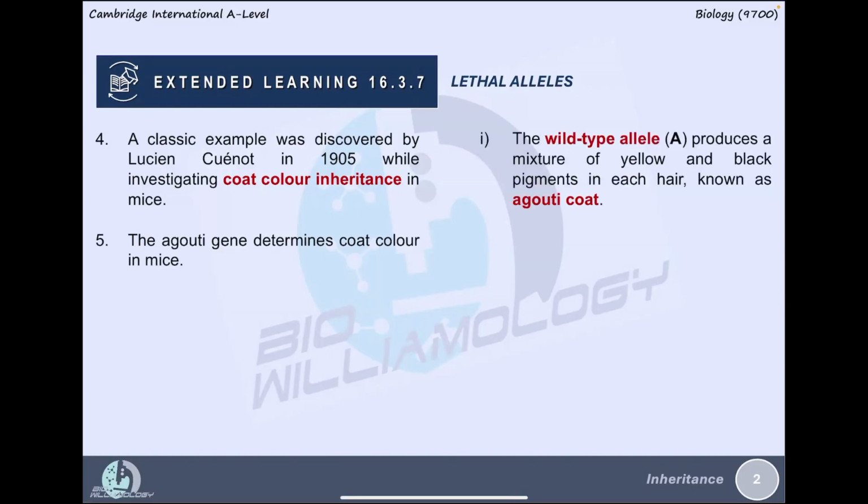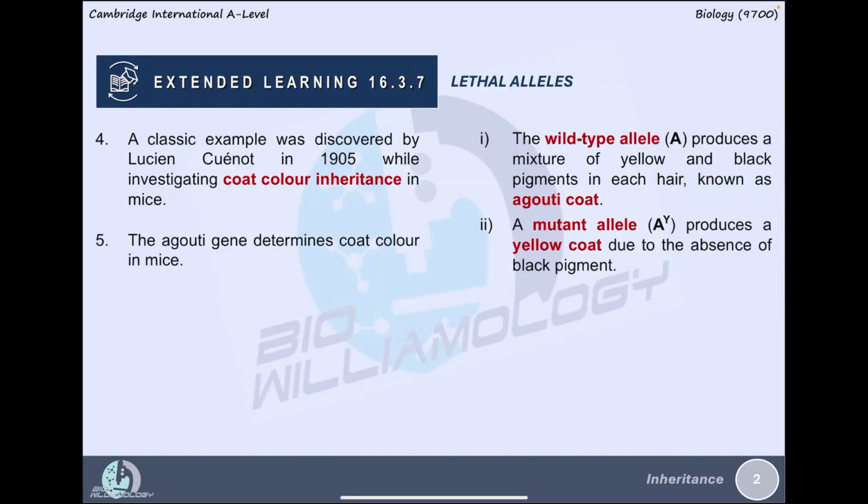The wild type allele, which is capital A, produces a mixture of yellow and black pigment in each of the hairs. So this kind of hair is known as agouti coat. A mutant of this wild allele produces the allele AY, which codes for yellow coats due to the absence of the black pigment.